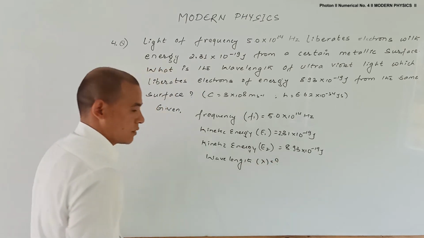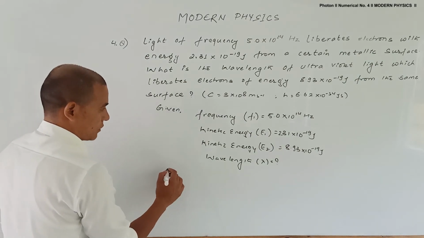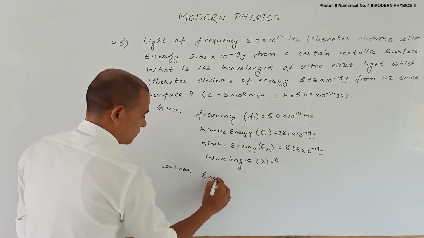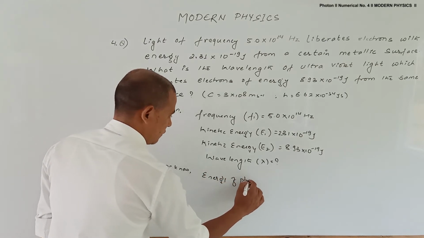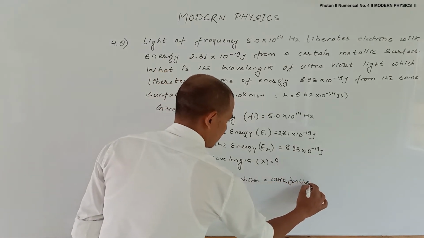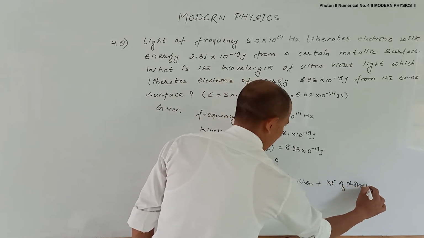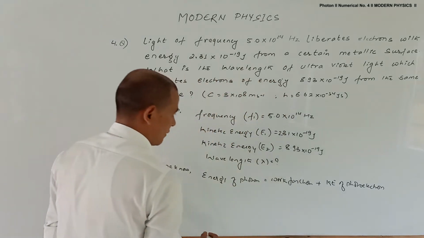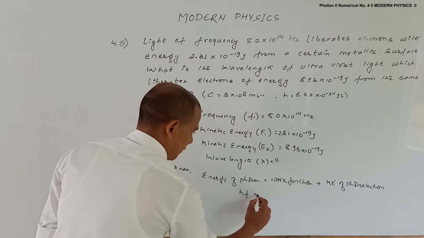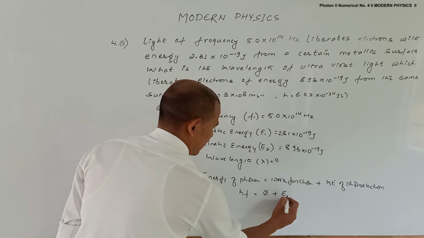Lambda equals what? Since the two energies are given, we have to make two equations. So we know the energy of a photon will be equal to the work function plus the kinetic energy of the photoelectron. So we can write the energy of photon, hf, equals phi plus, in place of energy, E1.